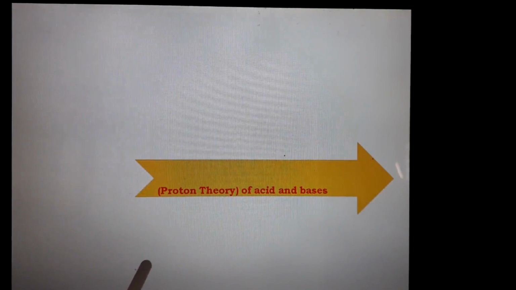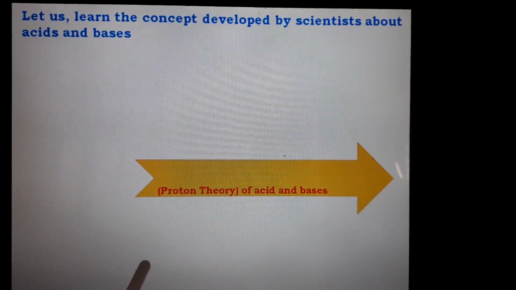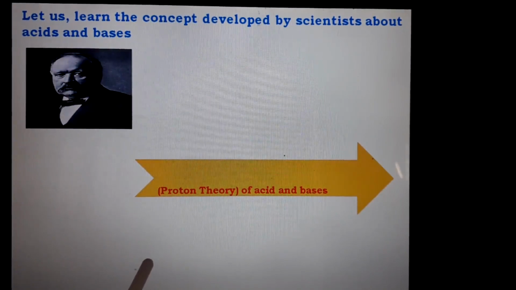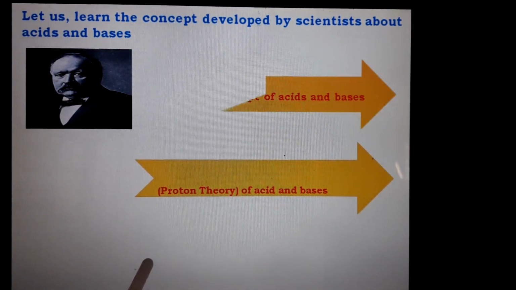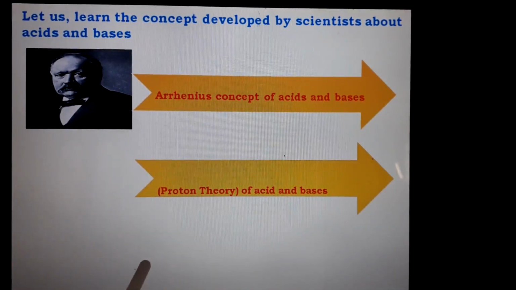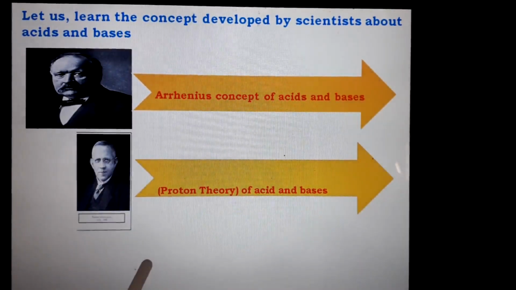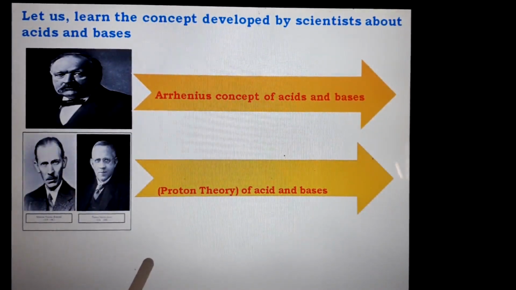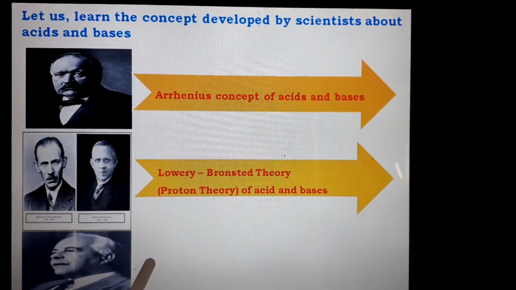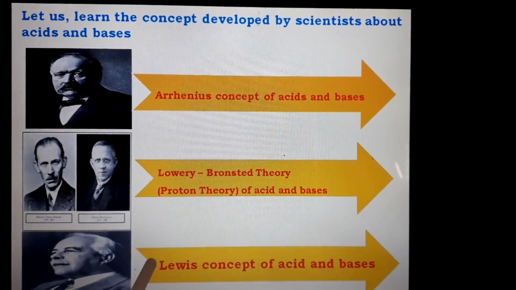Now we move to the concepts developed by the scientists of acids and bases. First, Arrhenius concept of acids and bases, and then proton theory of acids and bases, and then Lewis concept of acids and bases.